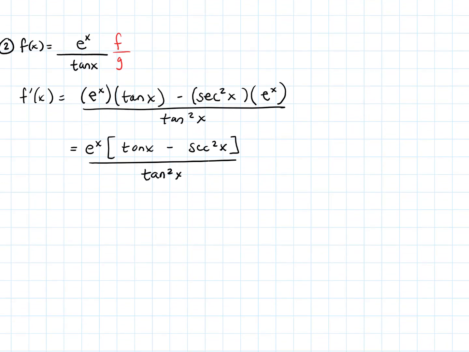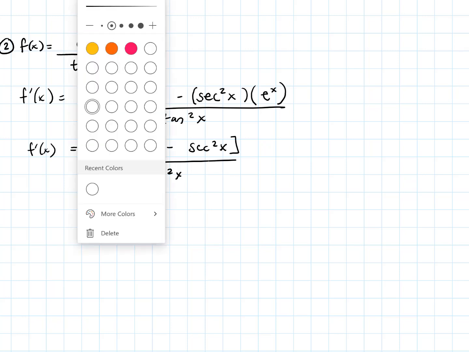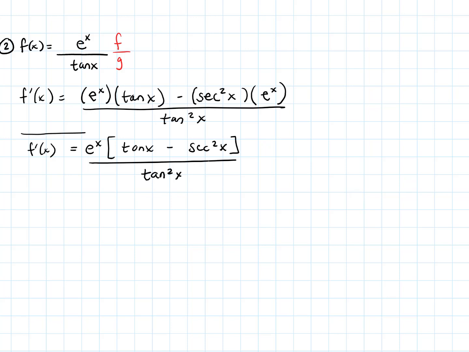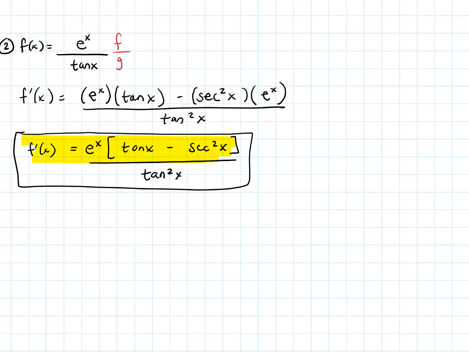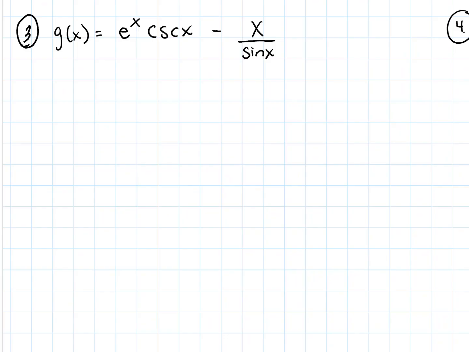I'm going to just leave it here. I'm looking at that secant squared and knowing I have an identity that connects secant squared and tangent squared, so maybe if we wanted it all in terms of tangent, we could do that. But I'm going to leave it at this, and we can spend more time on simplification on the applications, on the ones where we need things like horizontal tangent lines or equations of tangent lines.